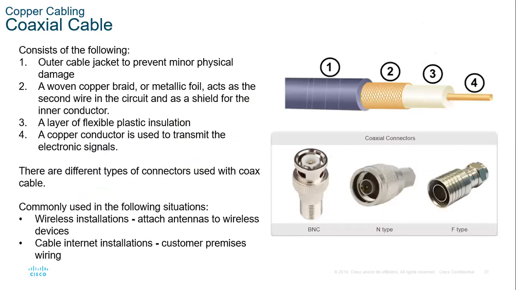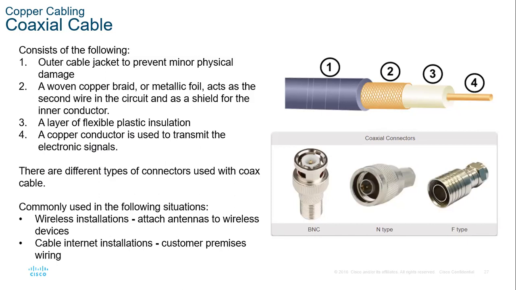Coaxial cables. Coaxial cable consists of the following: an outer cable jacket to prevent minor physical damage, a woven copper braid or metallic foil that acts as a second wire in the circuit and as a shield for the inner conductor, a layer of flexible plastic insulator, and a copper conductor used to transmit the electronic signals.